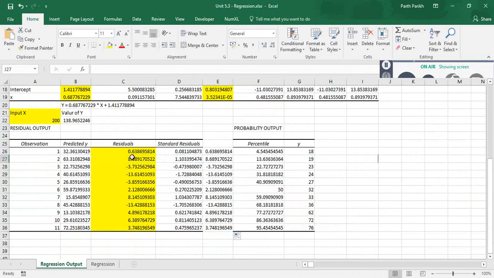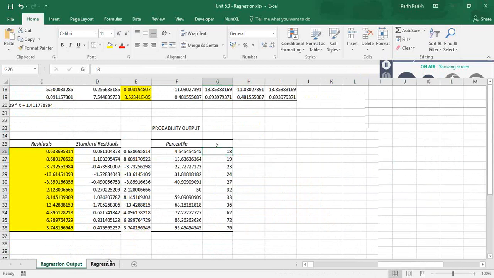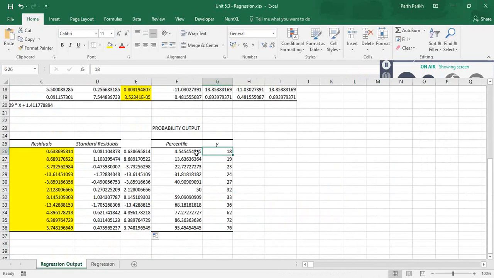Finally, the probability output. Probability output basically says that it arranges in ascending and descending order. It says that 18, which is the lowest value in this entire series, is at 4.54 percentile.